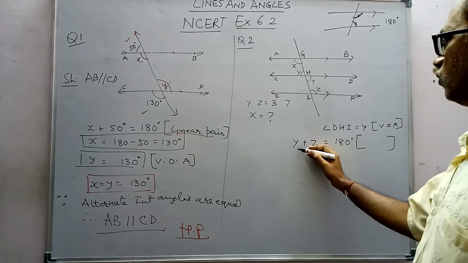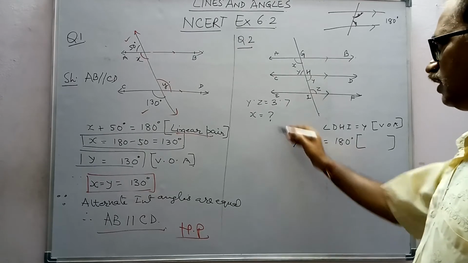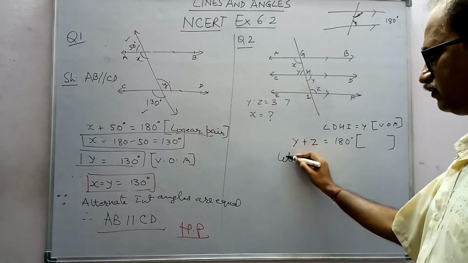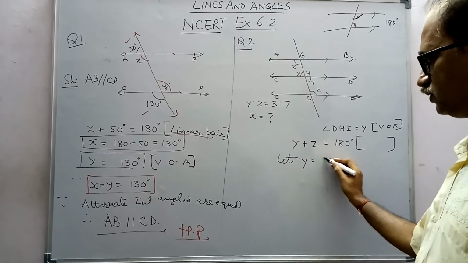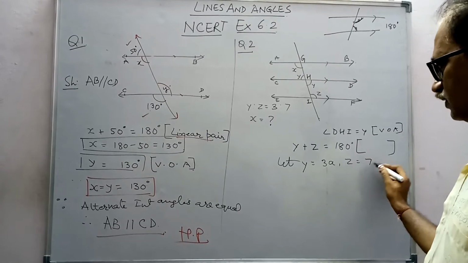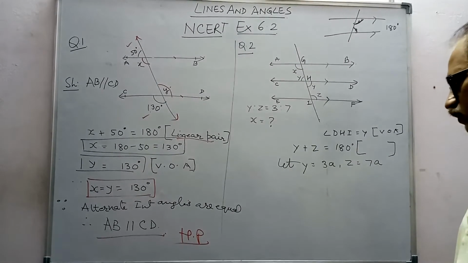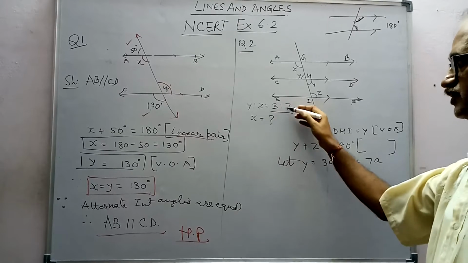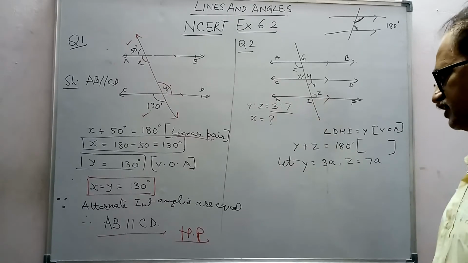You see here Y plus Z is equal to 180 and Y is to Z is given as 3 is to 7. So let Y be equal to 3a and Z be equal to 7a, because their ratio is 3 is to 7.